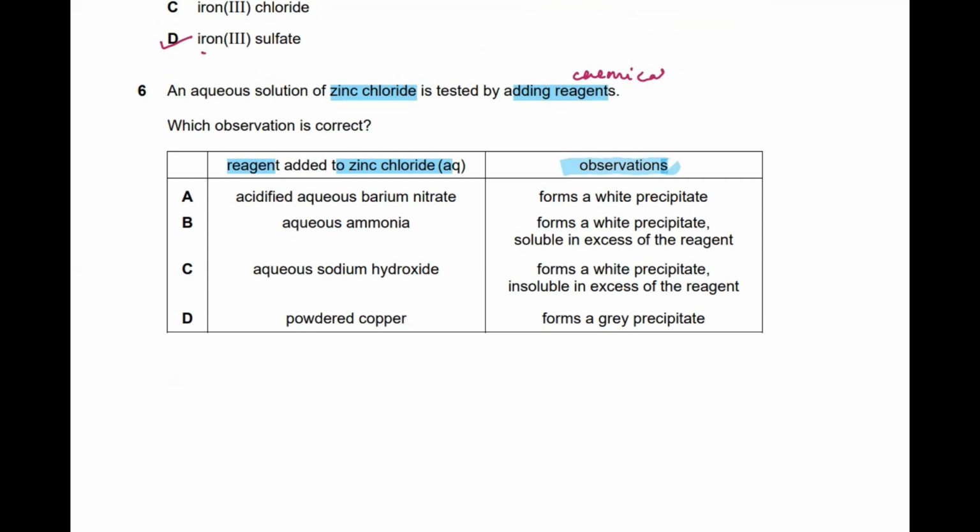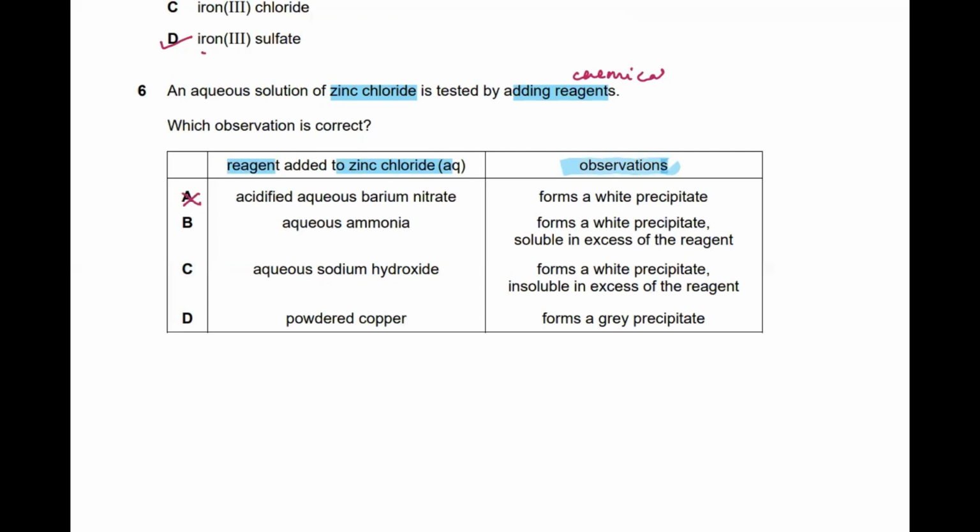Now it asks which observation is correct. If you add acidified barium nitrate, you will get a white PPT. A will not be the correct answer because here, if it were zinc sulfate, then it could give you a white PPT.